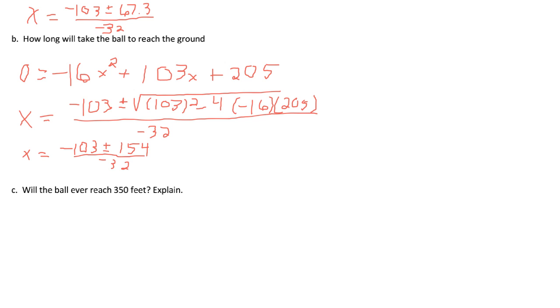Now, if you take the negative 103 plus the 154 and divide it by negative 32, you're going to get a negative 1.6. And you can't have negative time. So we're looking at negative 103 minus the 154 equals divided by negative 32. And that's going to give us 8.03 seconds. So we'll just call it 8 seconds.